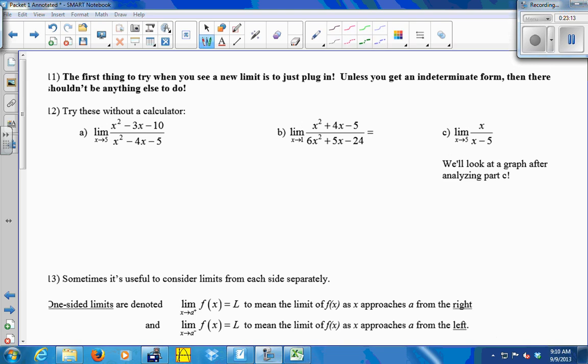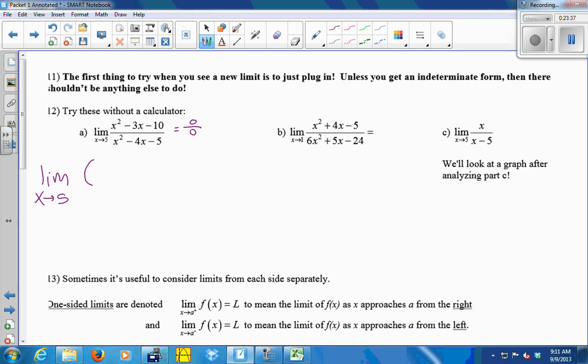So the first thing you should try, remember, is plug in. So what do you get when you plug in x equals 5 into this rational function? 0 over 0. Okay, so more work to do, right? By more work, we mean just algebra. Just try to simplify whatever you can. So these are both quadratics that factor.